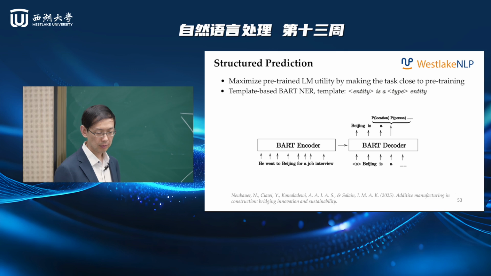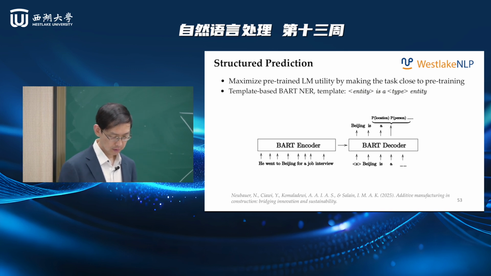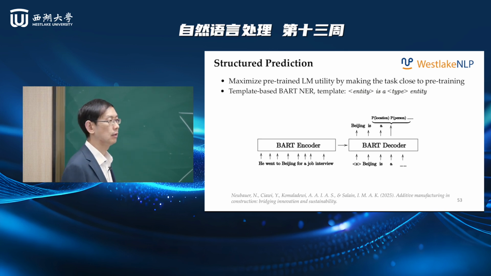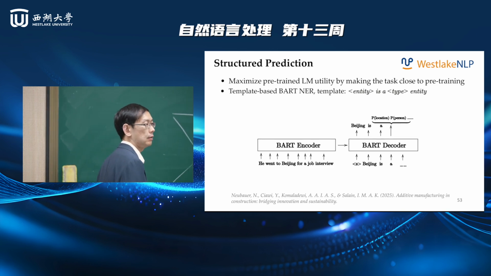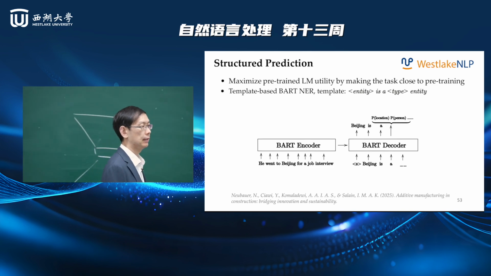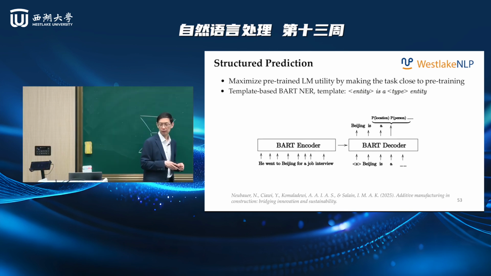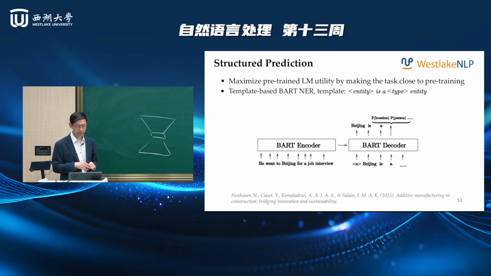But can we do a generation task to predict Beijing as a location? Well, this task can be transformed into a template. I showed you the template here. There is a slot to fill, which is an entity slot. There is a slot to fill, which is the type of the entity, location.